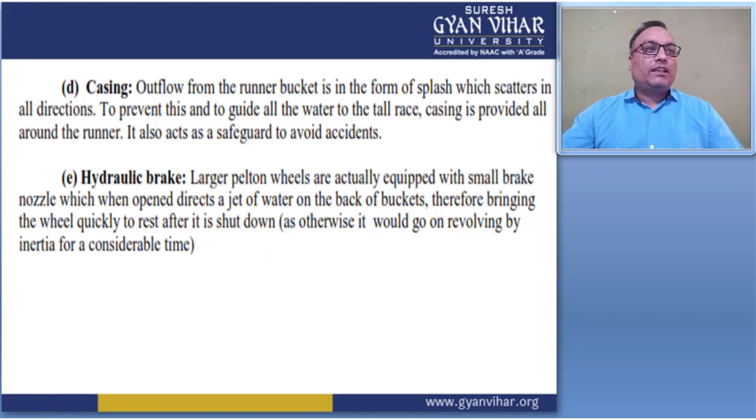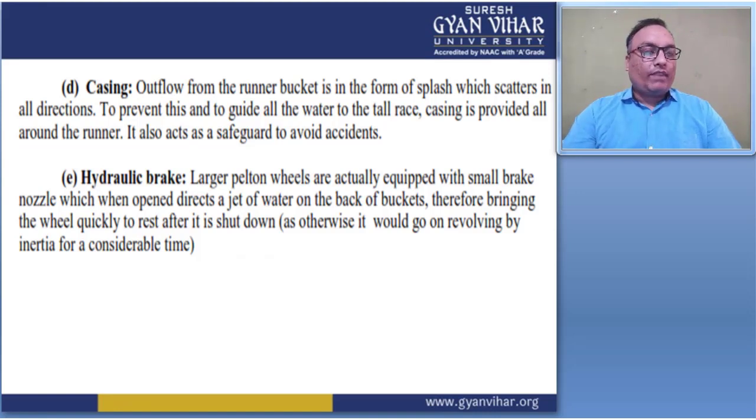And the next component is the casing and hydraulic brake. The whole arrangement of the runner and bucket, inlet and braking jets are covered by the casing, and the casing of the Pelton turbine does not perform any hydraulic action, but it prevents splashing of water while working and also helps the water discharge to the tail race.